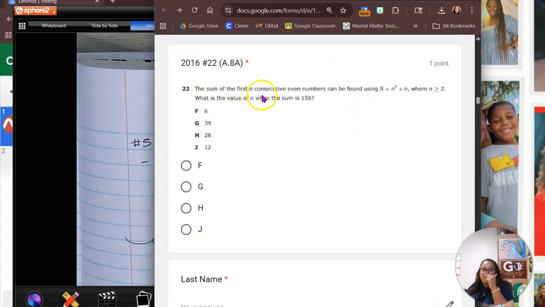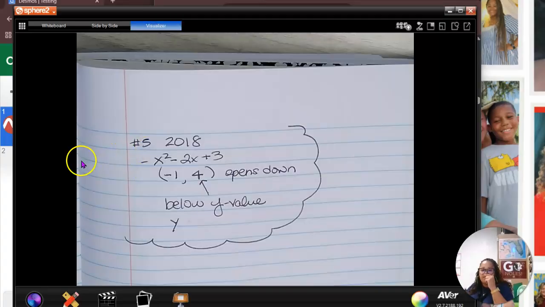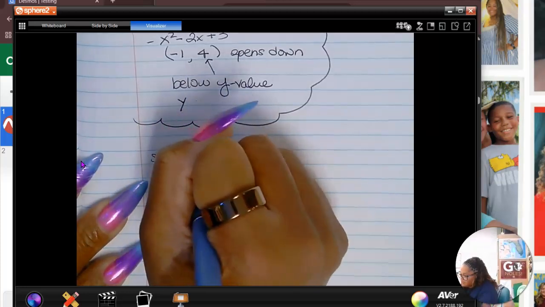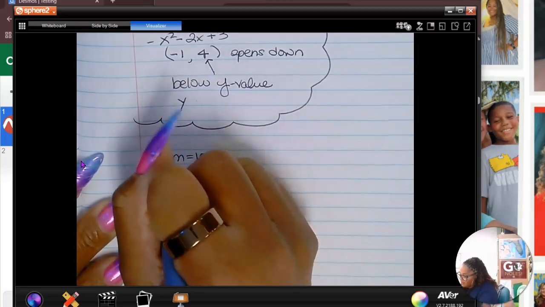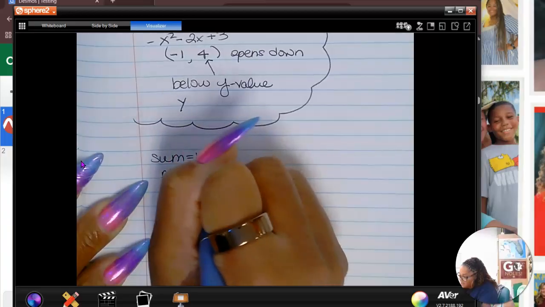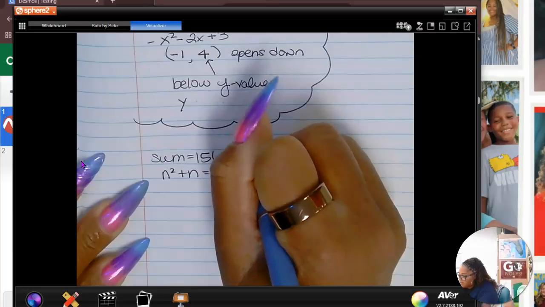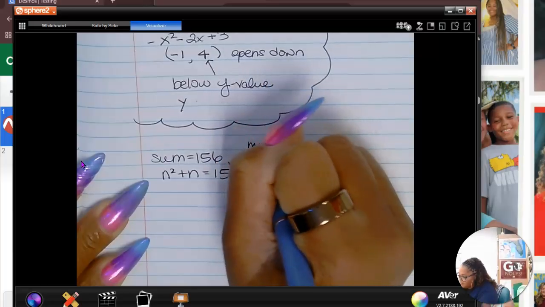Whoopsies. The sum of the first n consecutive even numbers can be found using s equals n squared plus n, where n is greater than or equal to 2. What is the value of n when the sum is 156? So I've got to say what my sum is. My sum is 156. Therefore, n squared plus n equals 156. We've done 2 of these where this must be a 0.